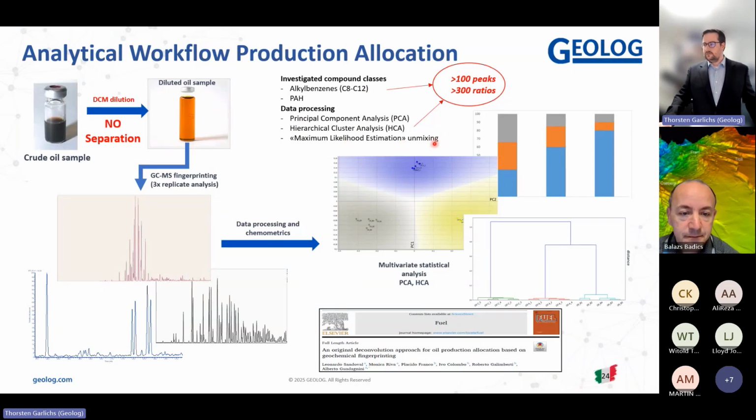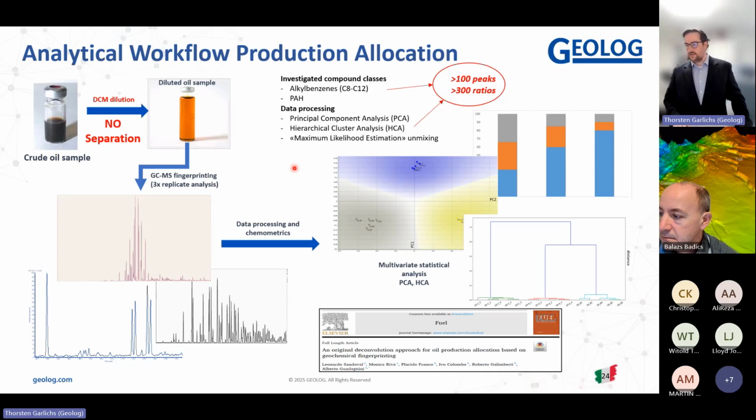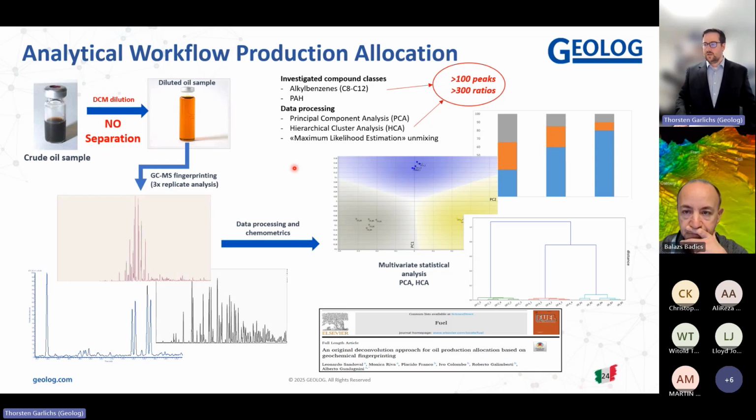So we use the peak heights and ratios, and in the unmixing they will be unmixed. So this is totally independent from the principal component analysis and hierarchical clustering. In the Maria field, we tested a lot, and also the biomarkers. The biomarkers, either in concentration with the internal standard or as ratios, were not suited. They were not different enough to deconvolute the high similarity within the wells.